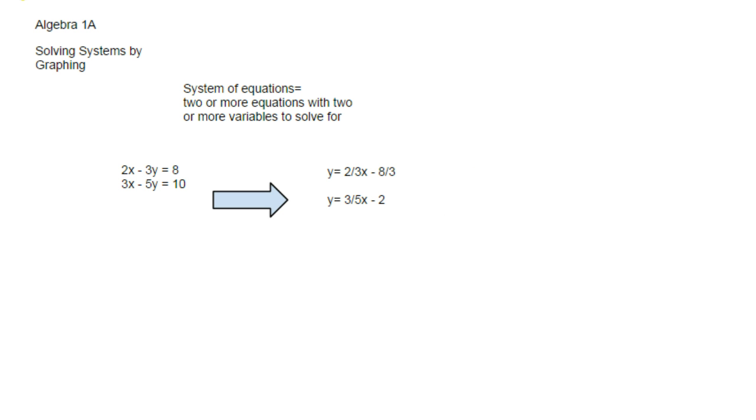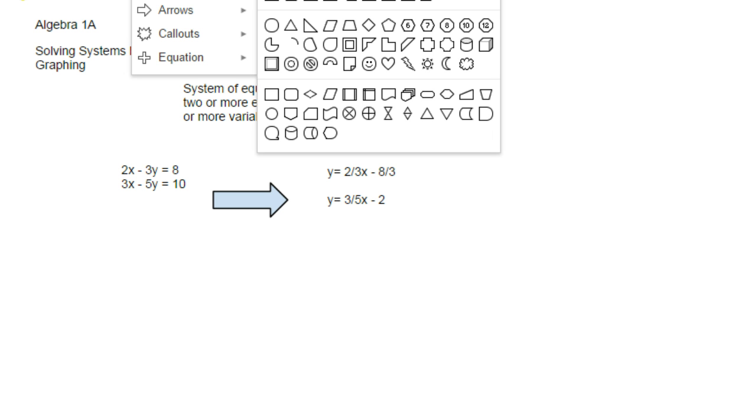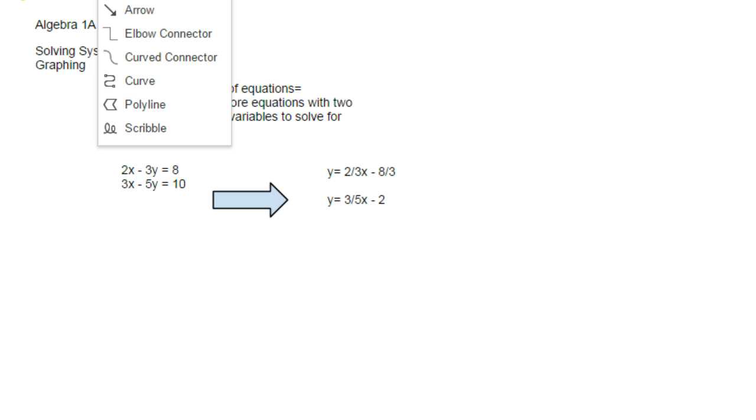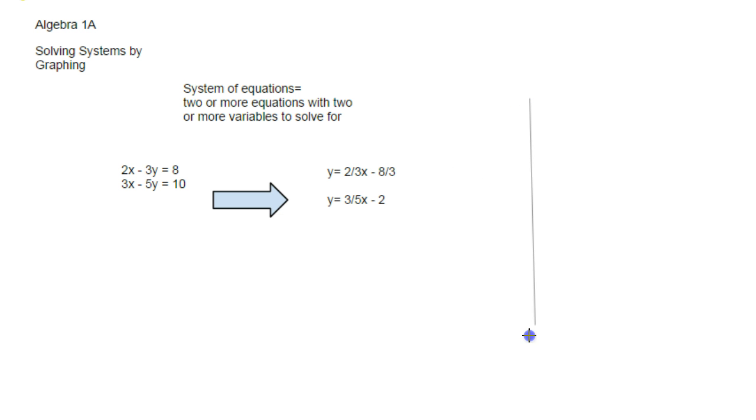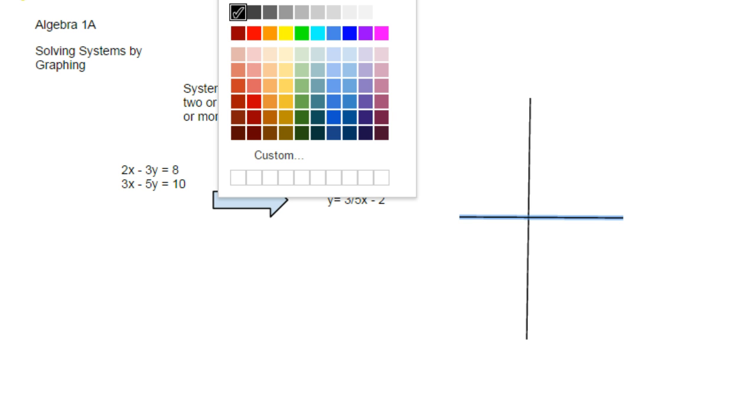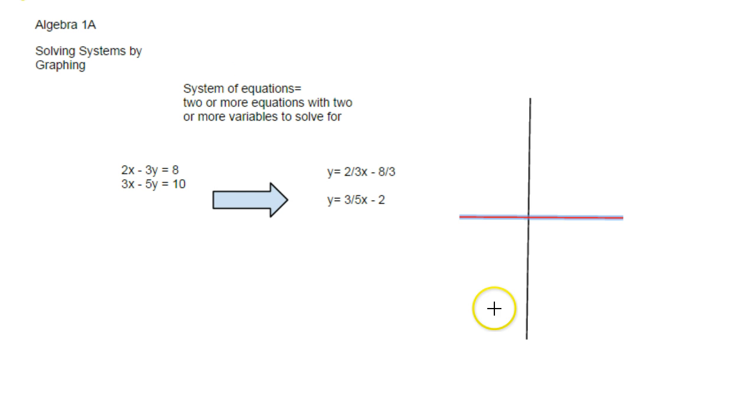Now what happens when we graph both of those? On the coordinate plane, and I'm not even going to be totally accurate about what kind of graph we're going to be getting. Let's make them red. Let's say that the first one is right here and the second one is right there.